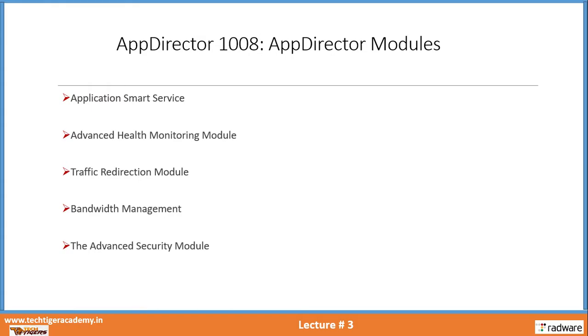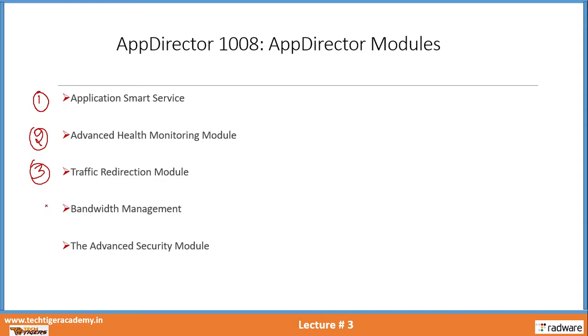App Director 1008. Now in this slide, we'll talk about the different modules available in App Director. One of the modules is called Application Smart Service. Another module is the Advanced Health Monitoring module. Another module is the Traffic Redirection module.